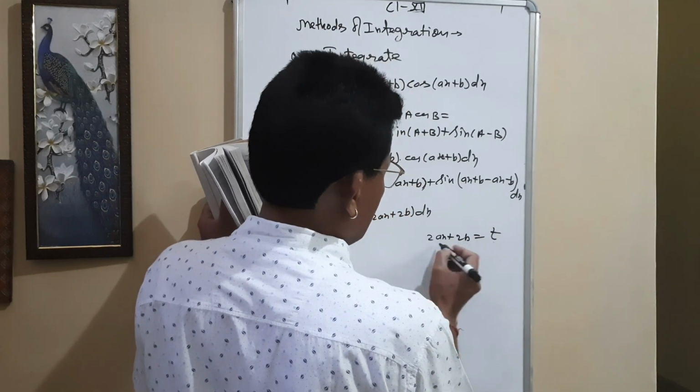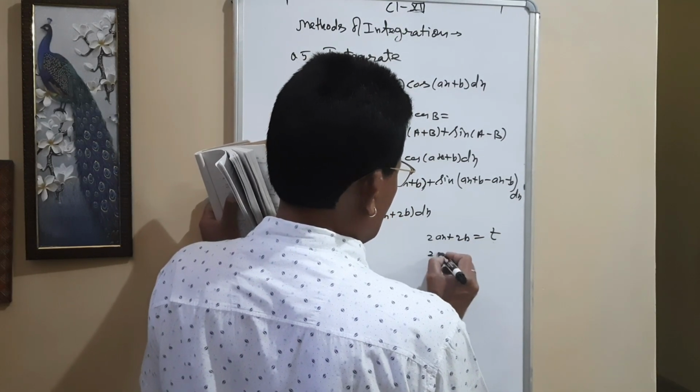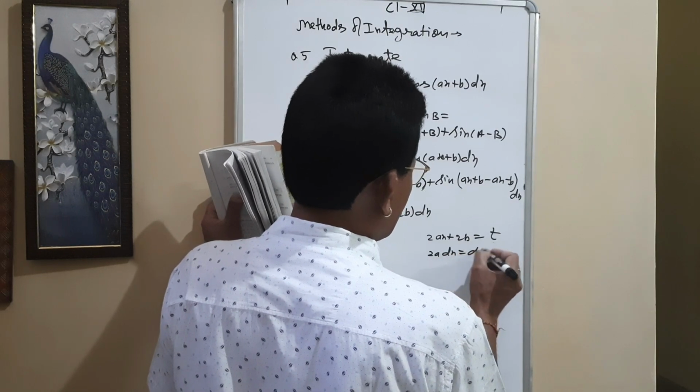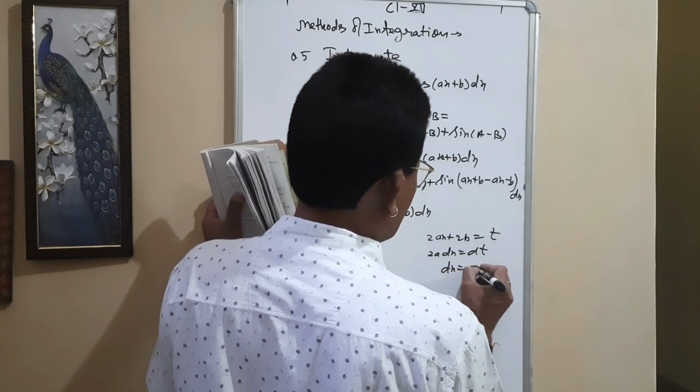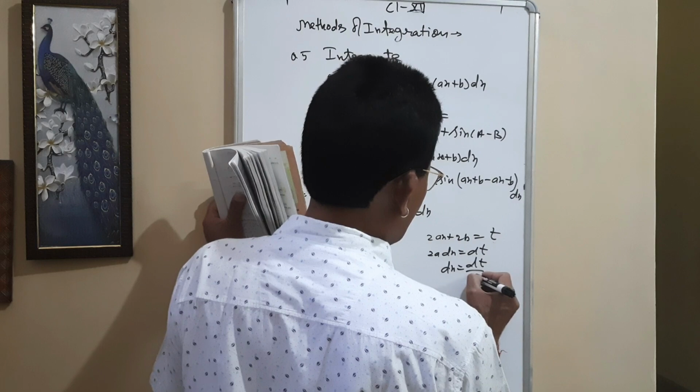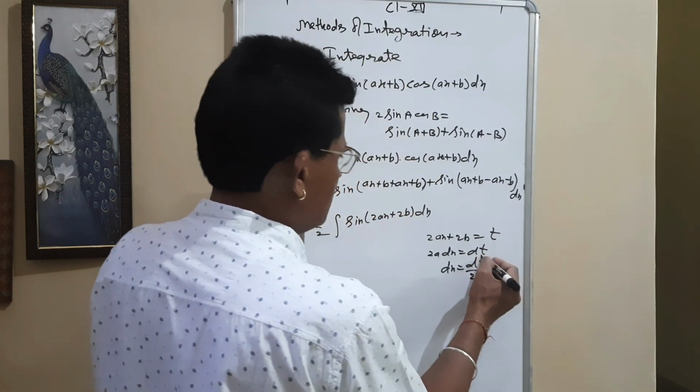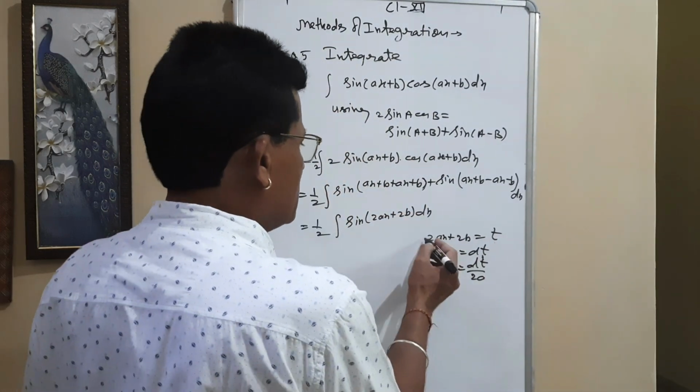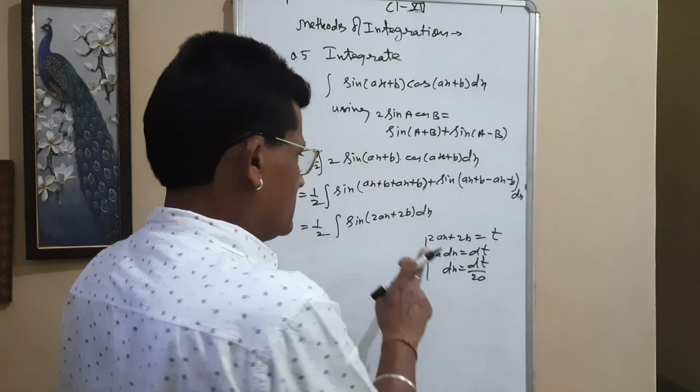Differentiate on both the sides by the substitution method: 2a dx equals dt, or dx equals dt by 2a. Most important thing, I have substituted this so that you must understand integration.